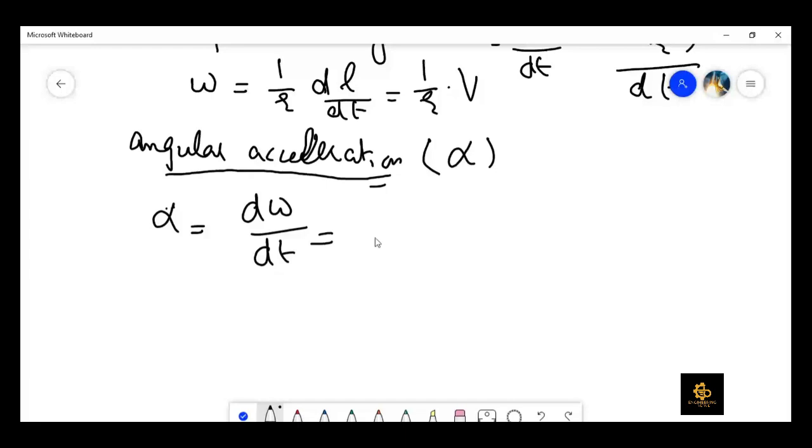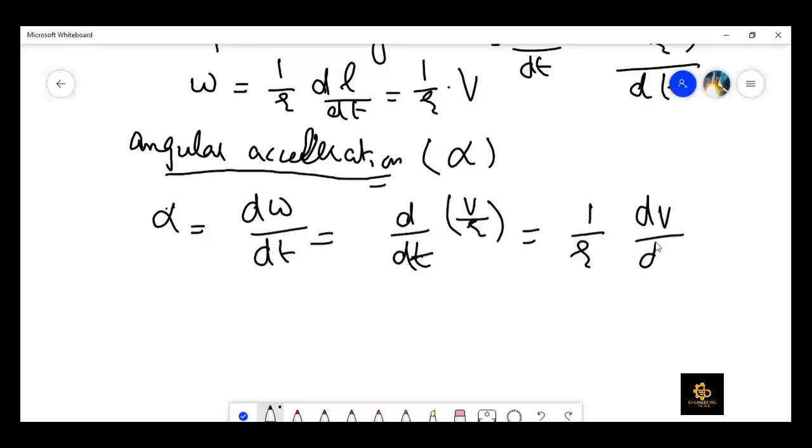And then here we can just put the value of omega. Omega is v upon r. So d upon dt of v upon r. Then again, because the radius does not depend upon time, it would come out of this differentiation and 1 upon r dv upon dt. And then that would be equal to 1 upon r at. T means tangential acceleration.